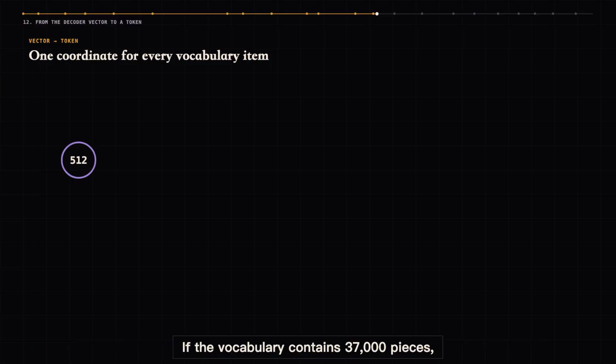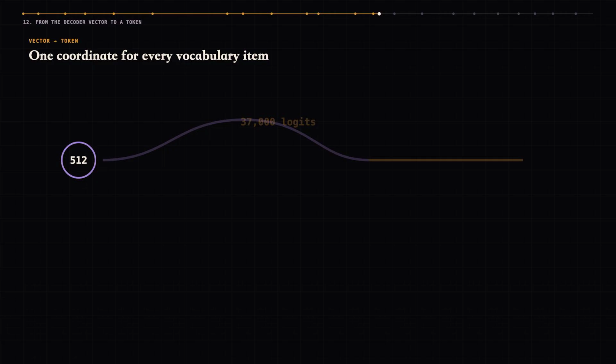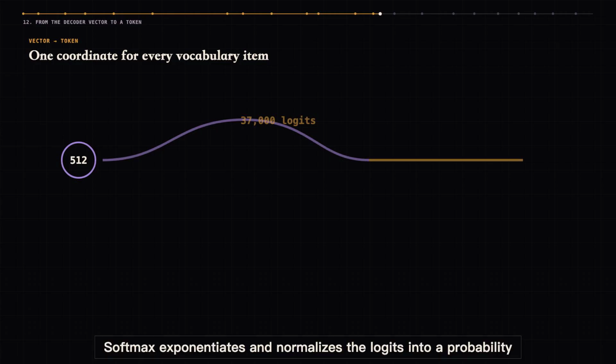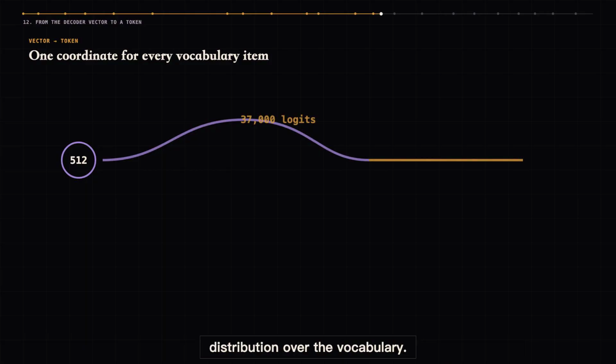If the vocabulary contains 37,000 pieces, the output for one position contains about 37,000 logits. A logit is an unnormalized score. It can be positive or negative, and the logits do not need to add to 1. Softmax exponentiates and normalizes the logits into a probability distribution over the vocabulary.